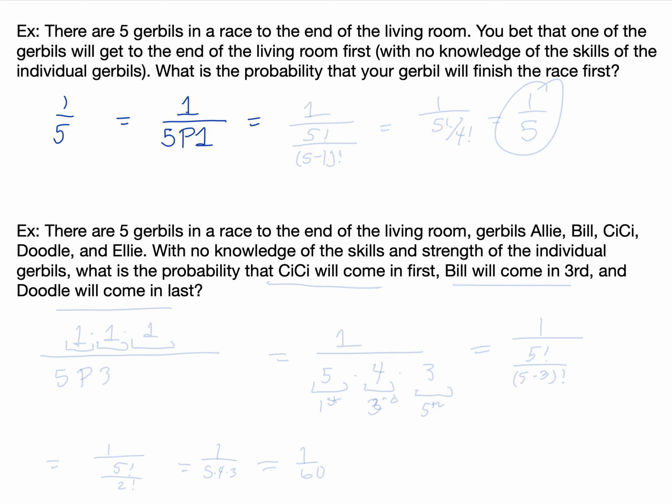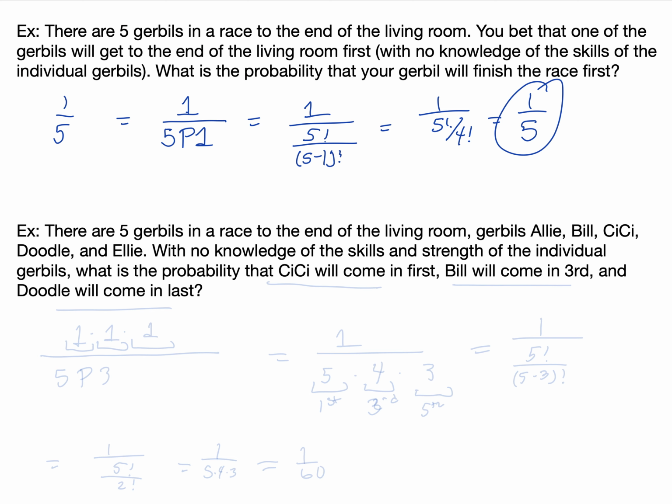So that's 1 over 5 factorial divided by 5 minus 1 factorial, sorry about that. So that's 1 over 5 factorial divided by 4 factorial. 5 factorial over 4 factorial is just simply 5, so 1/5. So we certainly did not need permutations in thinking about that problem, but there it is if you want to use them.